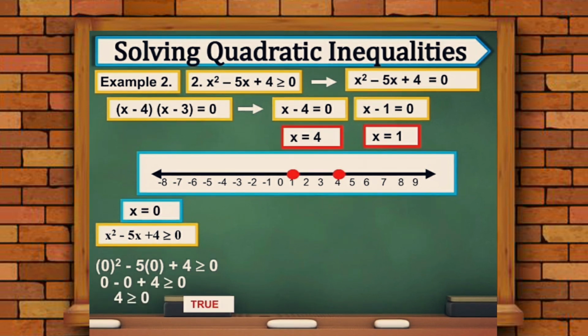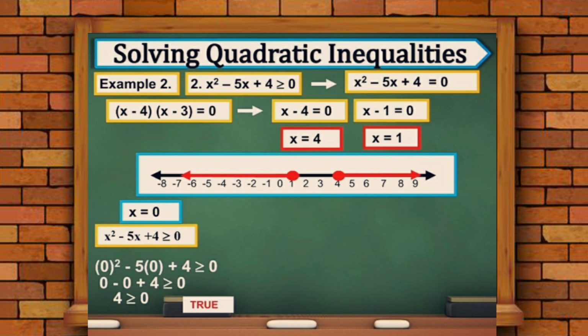Then, simplify. 4 is greater than or equal to 0, which is true. And since the test point we use is in the left and the result is true, it means our left and right sides are part of the solution.